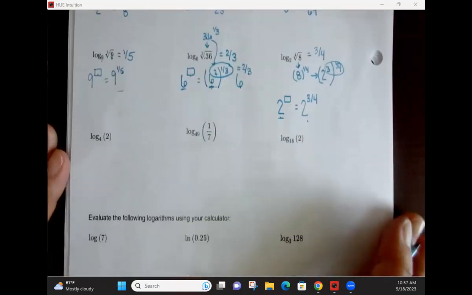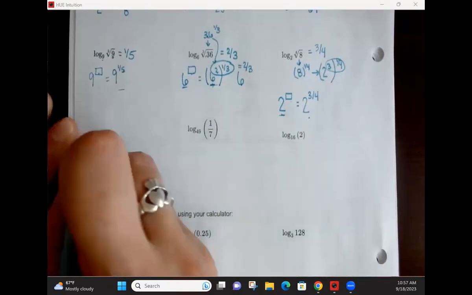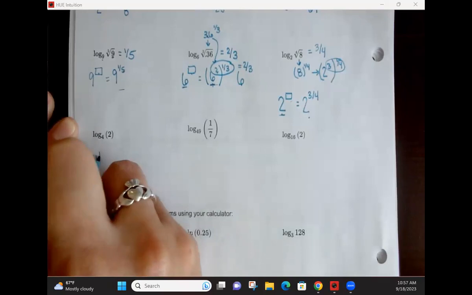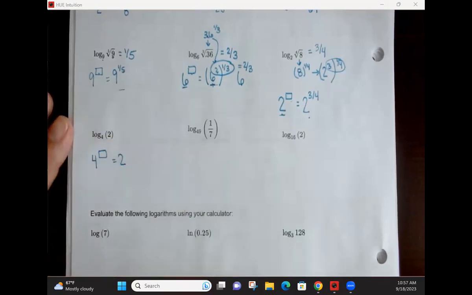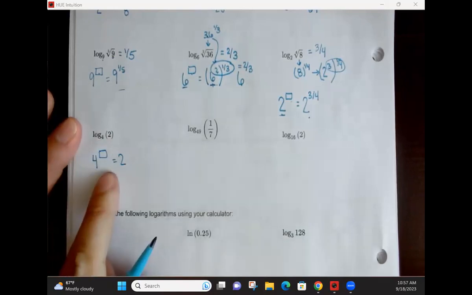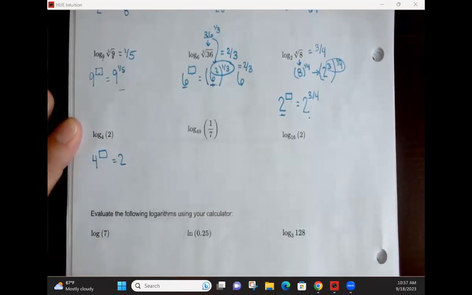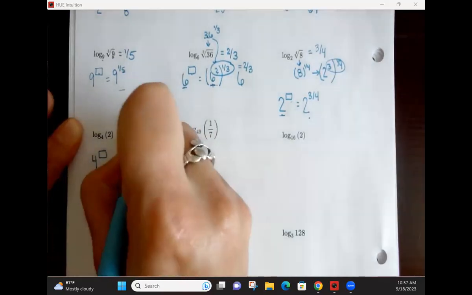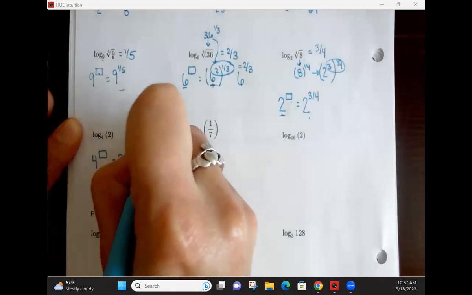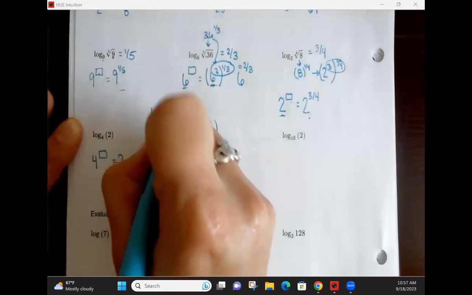Let's take a look at our next couple of problems. 4 to what power would give me 2? Before I talk about this problem, I want to talk about a little bit different version of this problem. Let's say I have log base 49 of 7.